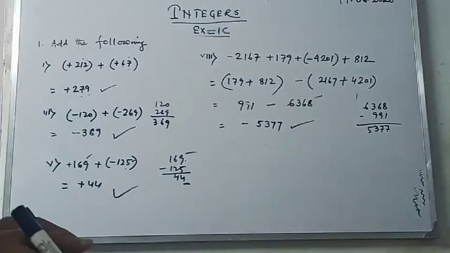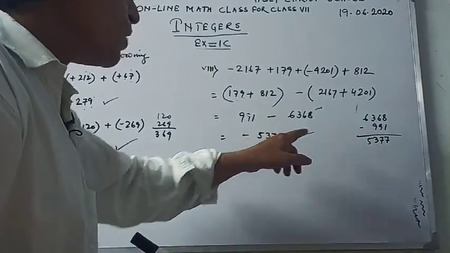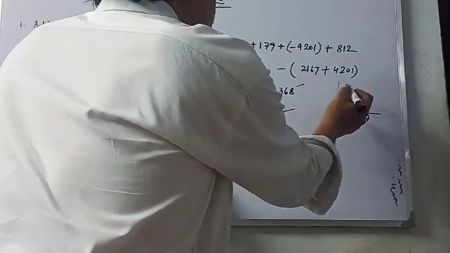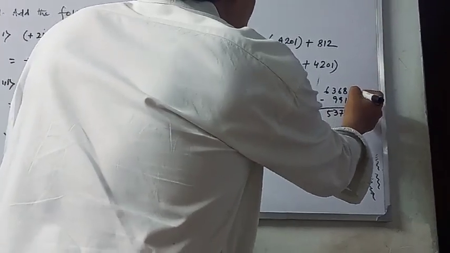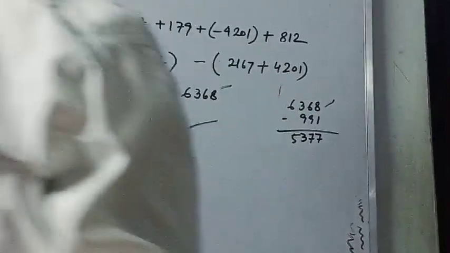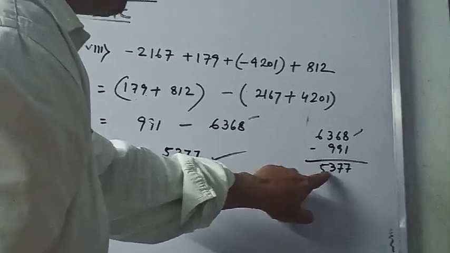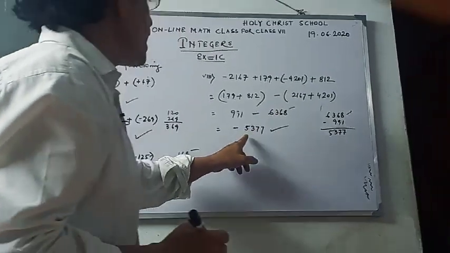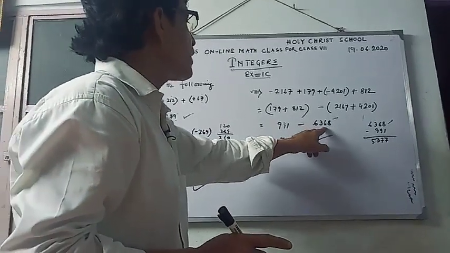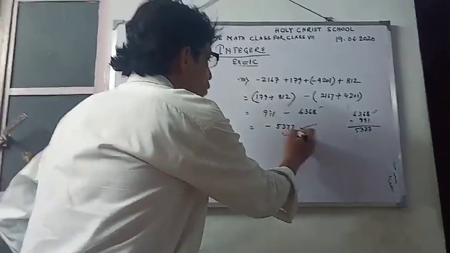Now one positive integer, one negative integer. You have to subtract the smaller absolute value from the bigger. So 6368 minus 991 equals 5377, and attach the sign of the greater absolute value. Greater absolute value is this 6368, which is negative, so it is negative.